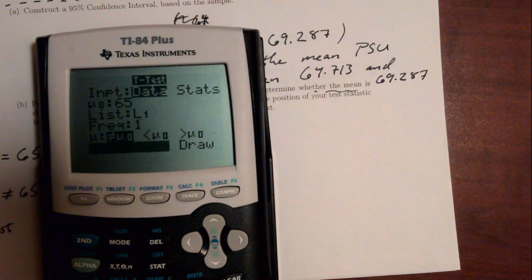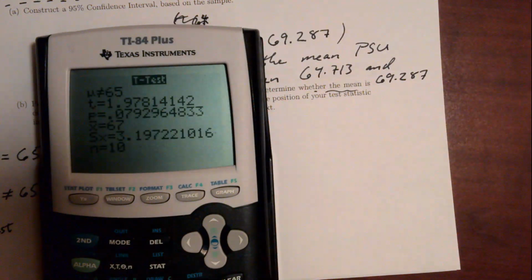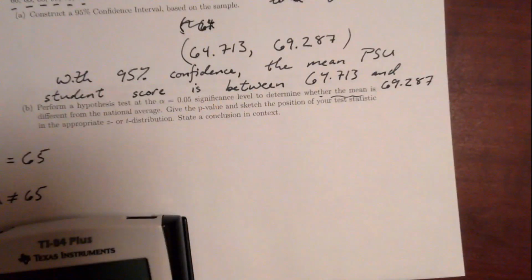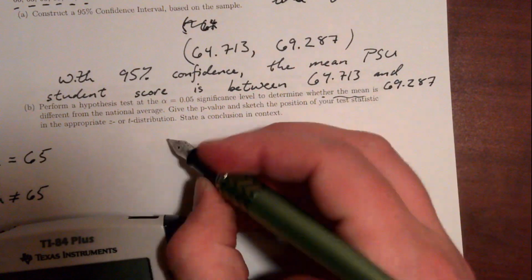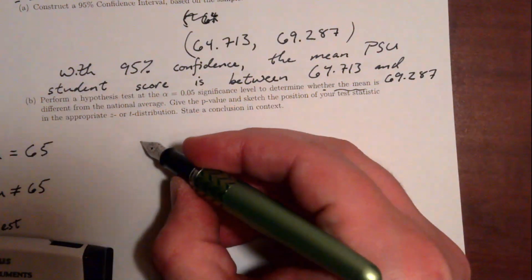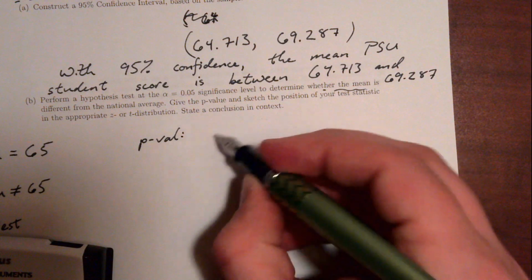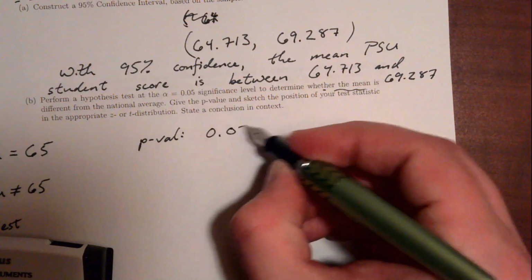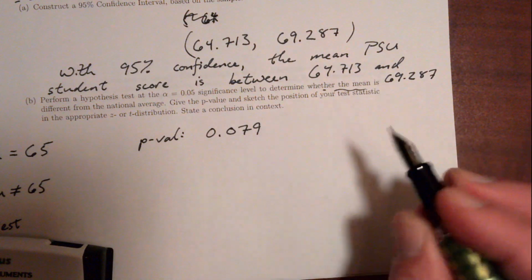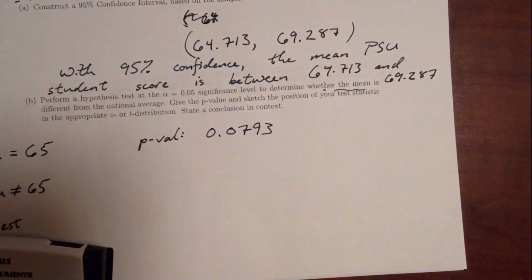Here we go. Okay, so what do we get here? We got a p-value of 0.0793, just in case I wanted the extra digit there. But our significance level was 0.05.